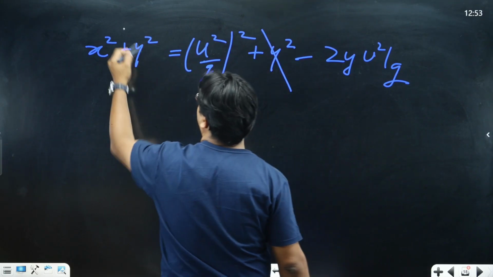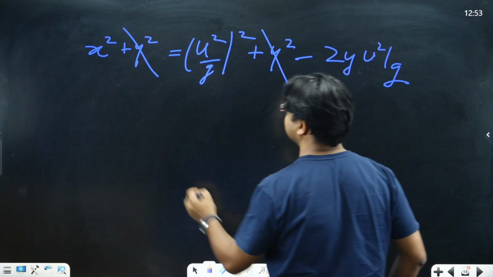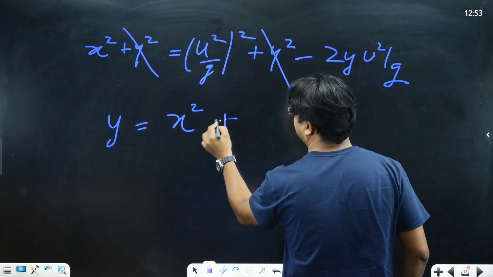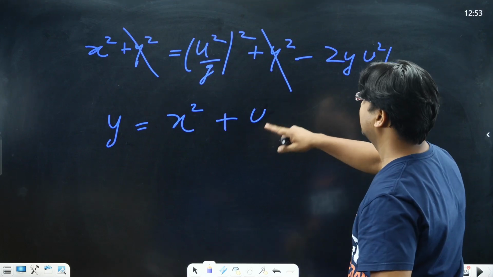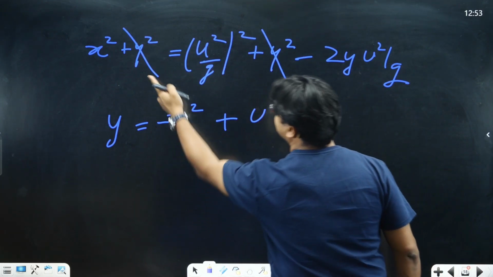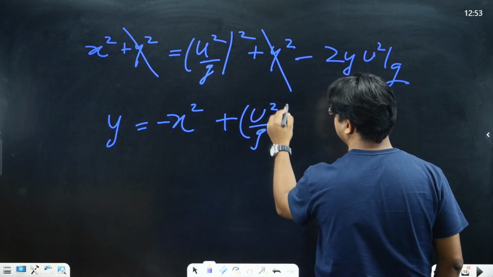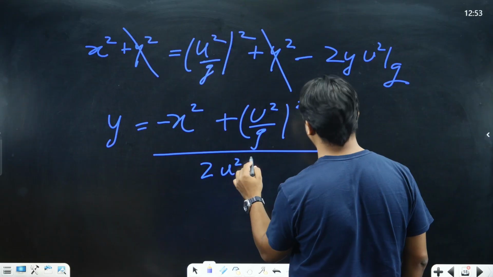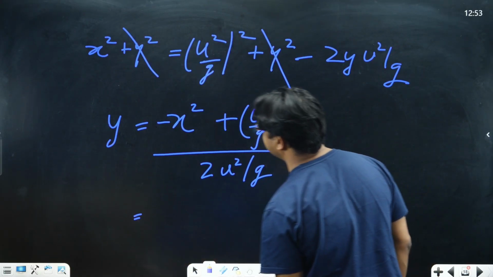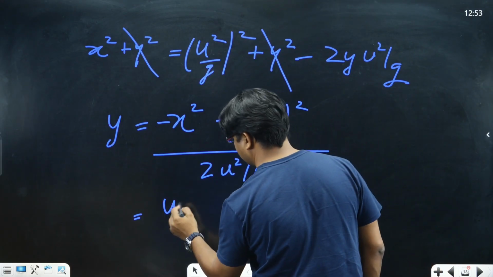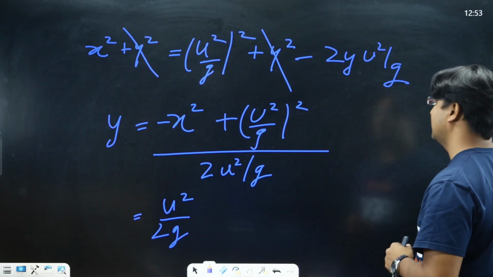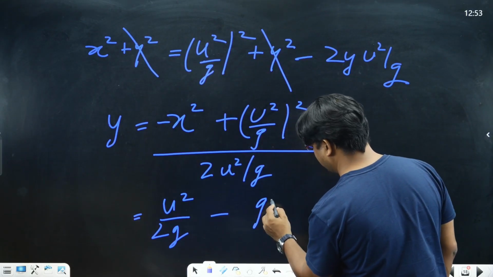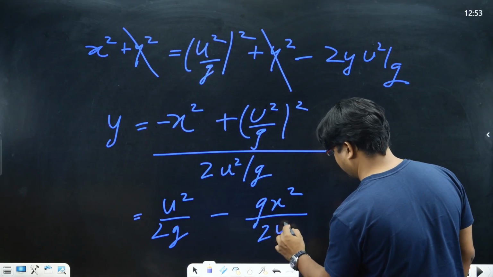So this y square and y square get cancelled, and the equation that we were looking for is y equals u square by 2g, minus g x square by 2u square.